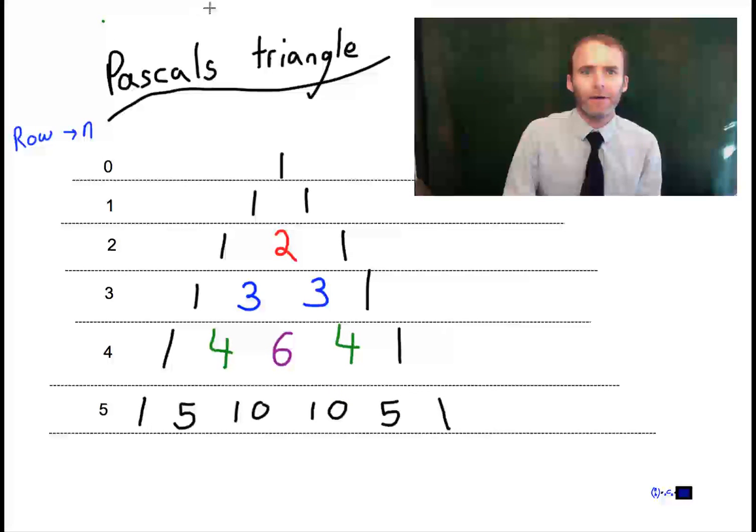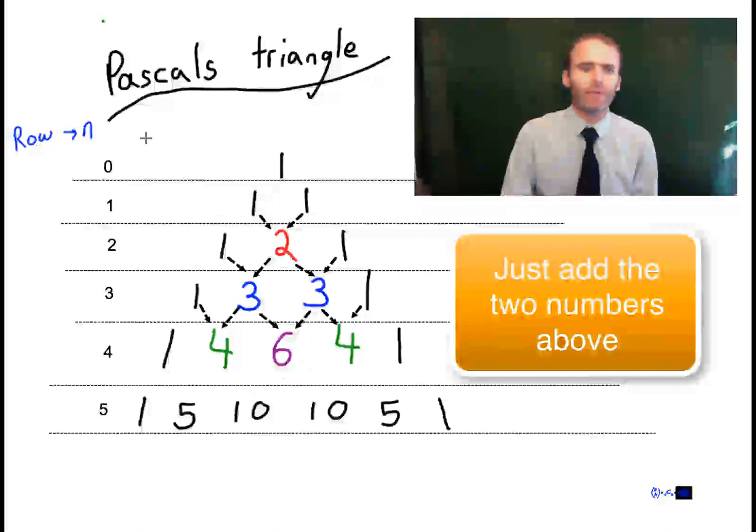Now if you didn't follow that, this is the key to Pascal's triangle. Let's go down all the way, and to get this number, 1 and 1, I add those as 2. 1 and 2, 3, 1 and 2, 3, 1 and 3, 4, 3 and 3, 6, and so on and so forth, all the way down.